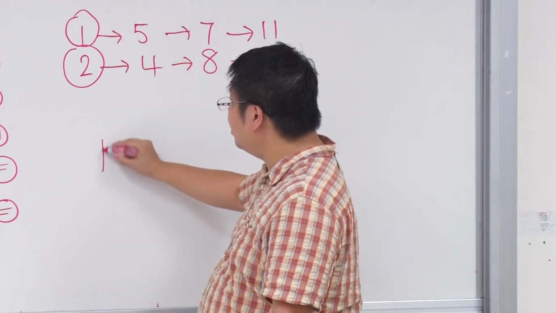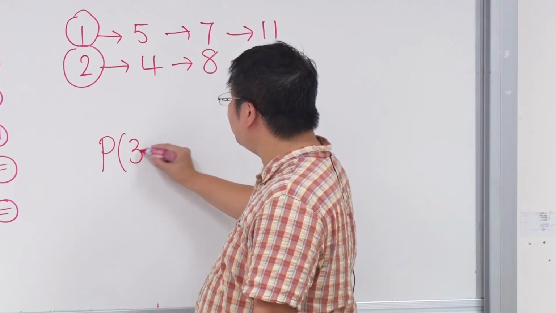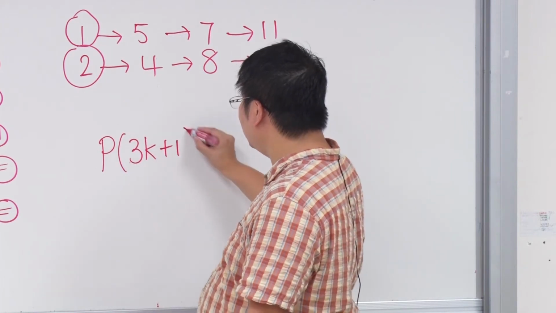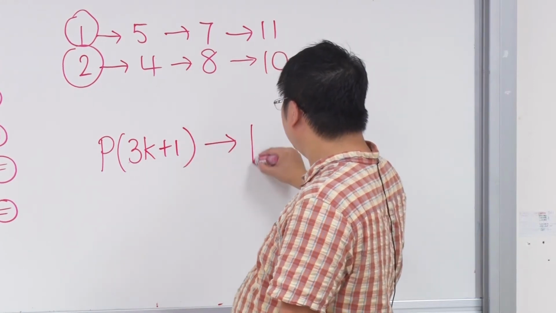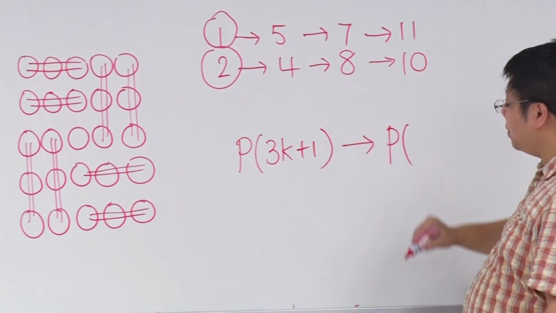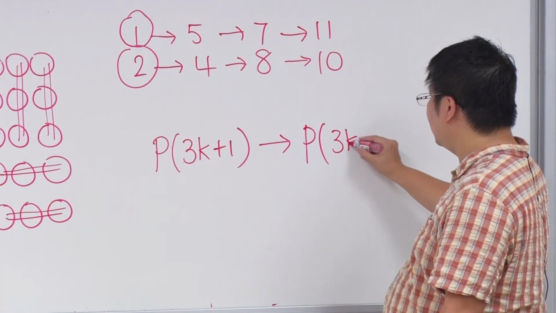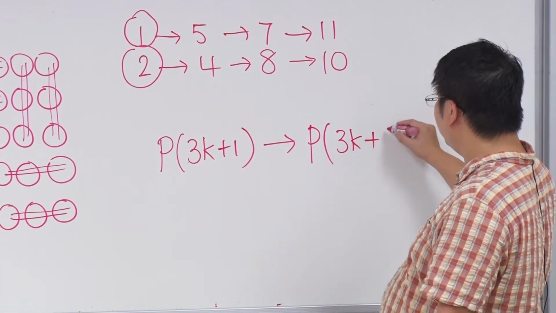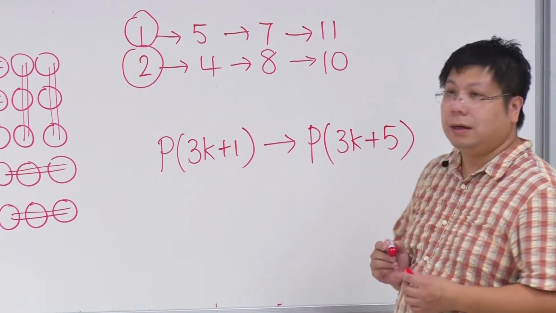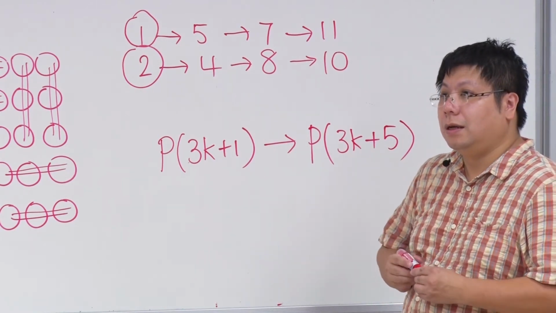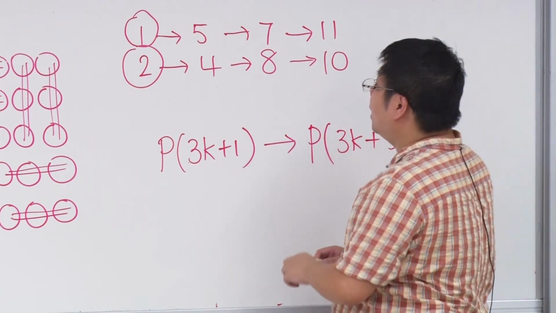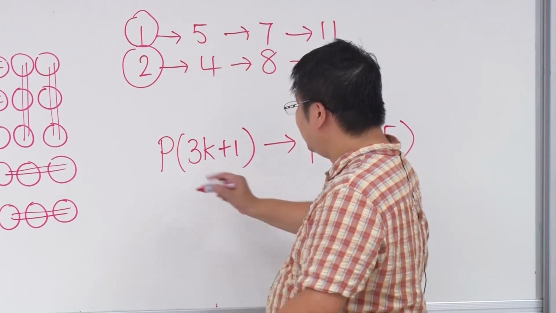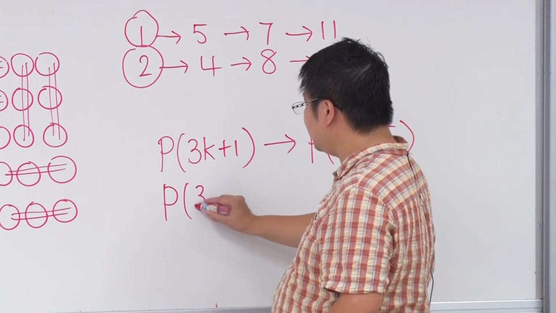And in general, if it is a multiple of 3 plus 1, like 4, then this will imply this is going to be a multiple of 3 plus 5. So this is 4 more than this one. Is that okay? And on the other hand, 5 is a multiple of 3 plus 2.